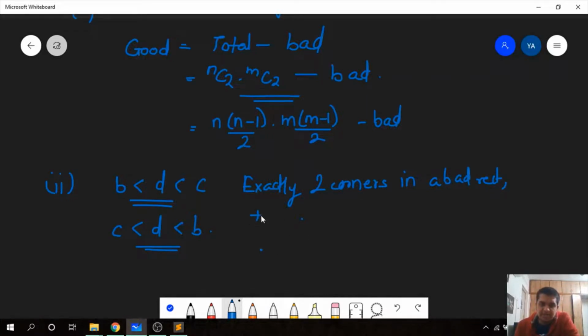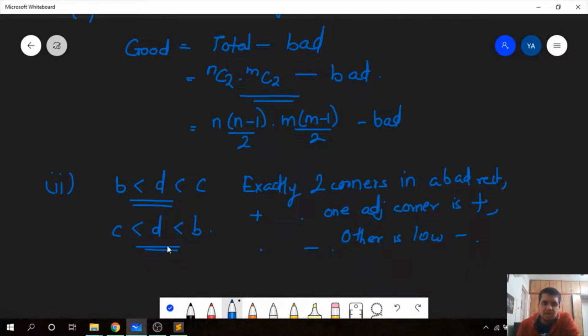So basically this has a higher value and this has a lower value. So there are exactly two such corners in a bad rectangle such that one adjacent corner is high, so I'll denote it by plus, and the other is low, so it is minus. So these are the two observations which we saw till now.